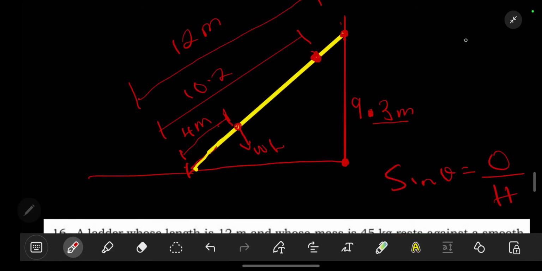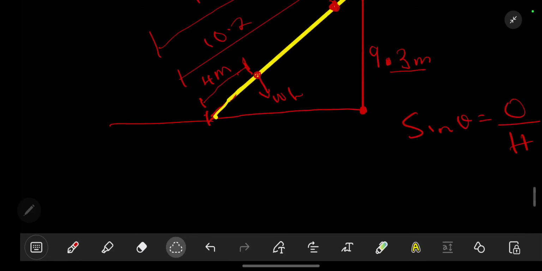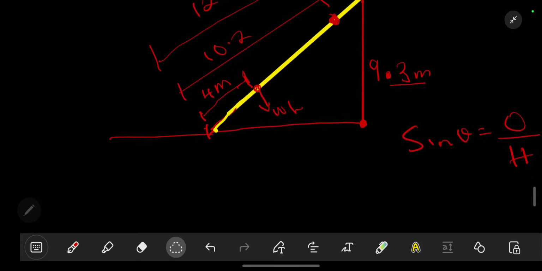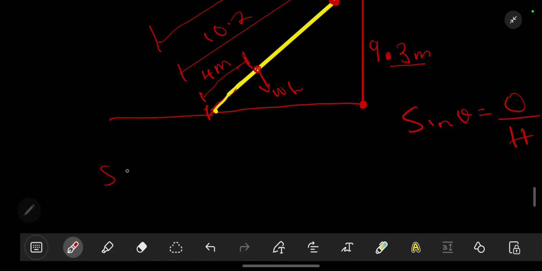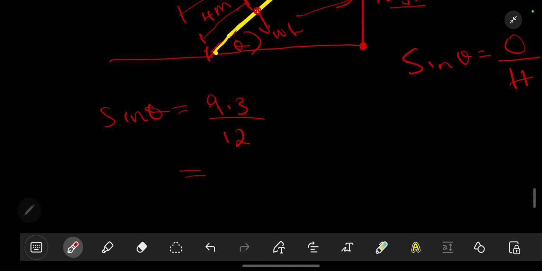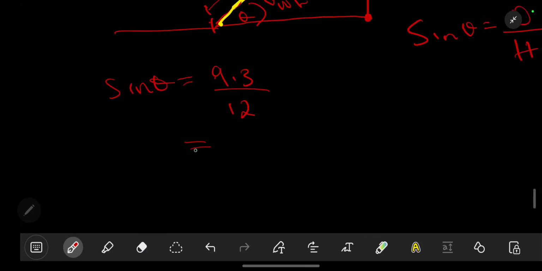So our sine of theta should be equal to our opposite, which is 9.3, over the hypotenuse, which is our 12. If we divide, 9.3 divided by 12, we get 0.77.